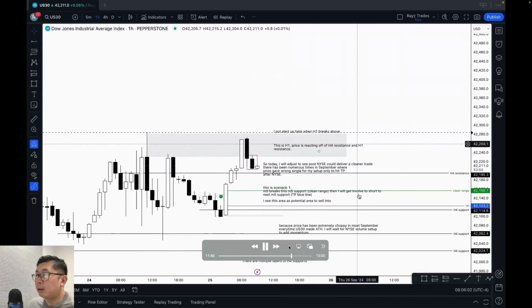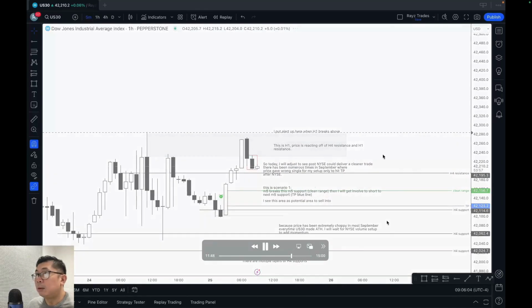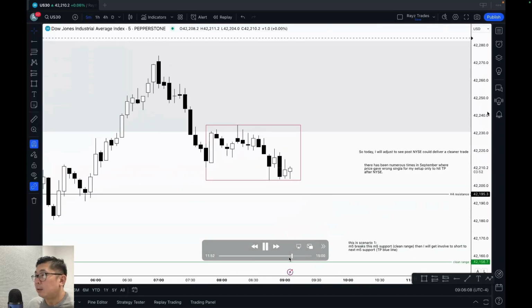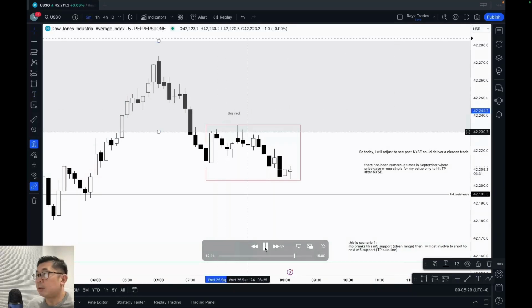We are now back to the 5-minute again. Let me just make this faster. This entire red box is mostly the 8 a.m. candle on an hourly chart.